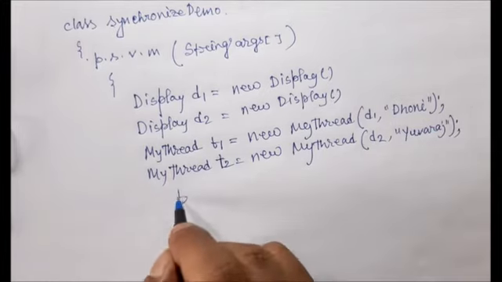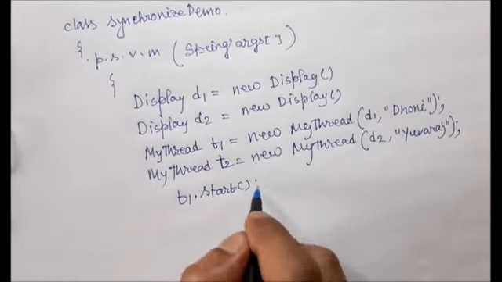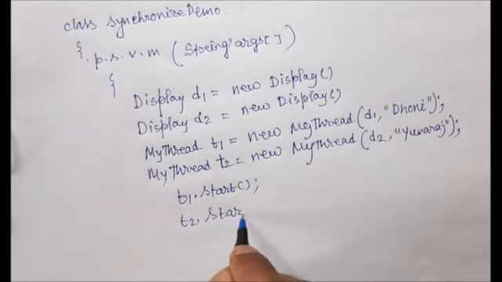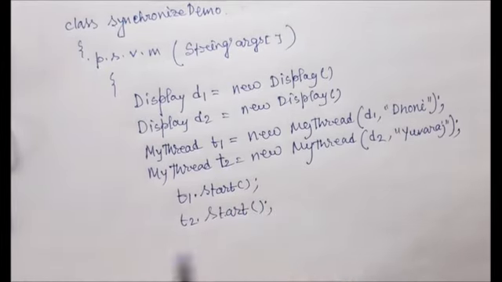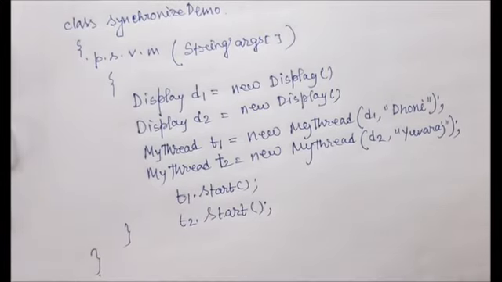Then t1.start(), then t2.start(). So let me complete the public static void main, then the class method.